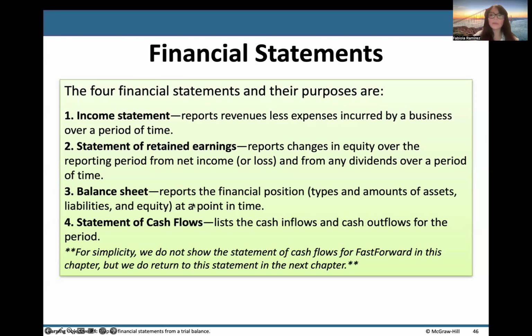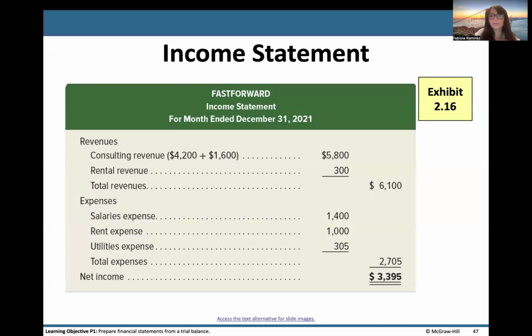Your balance sheet, which we already went over in a lot of detail, reports the financial position at a point in time. You report the assets, liabilities, and equity here. And lastly, you have your statement of cash flows that will be covered towards the end of this class. The statement of cash flows lists the cash inflows and outflows for the period.